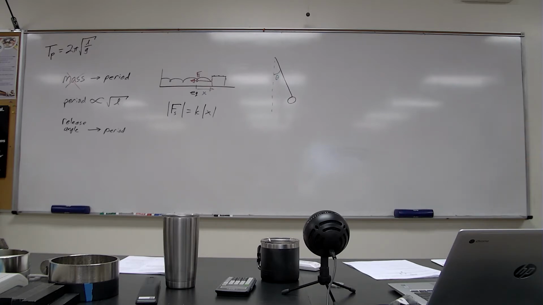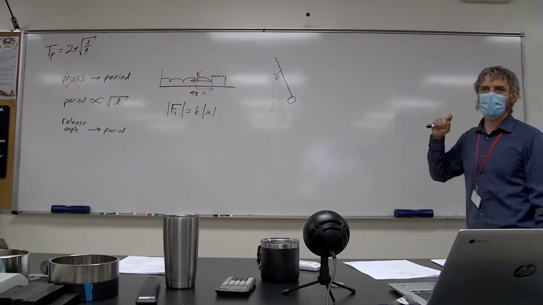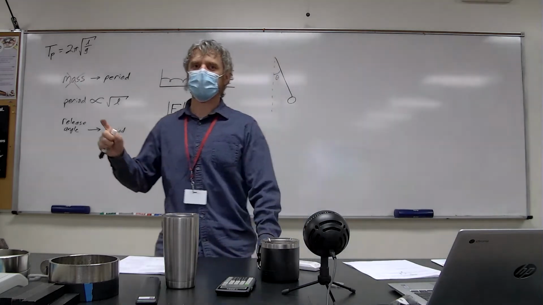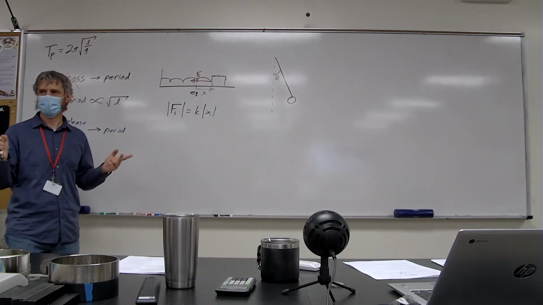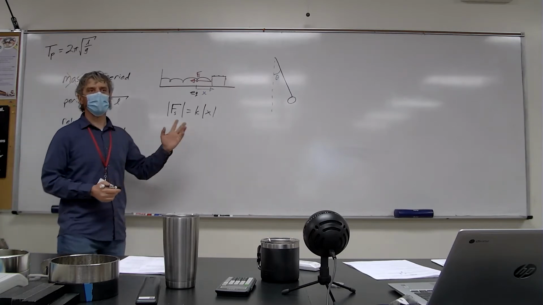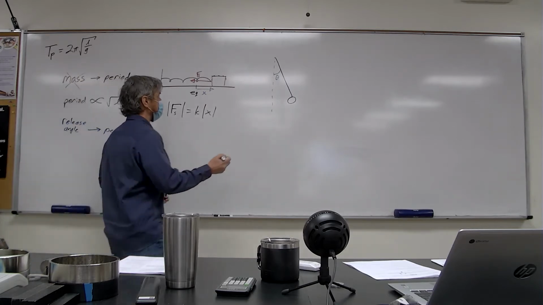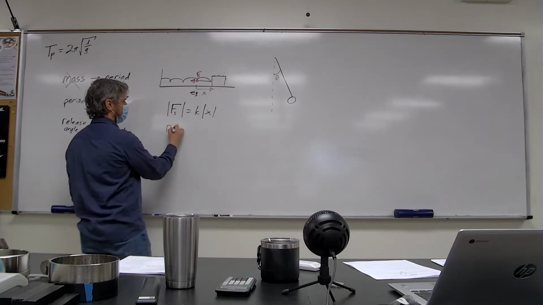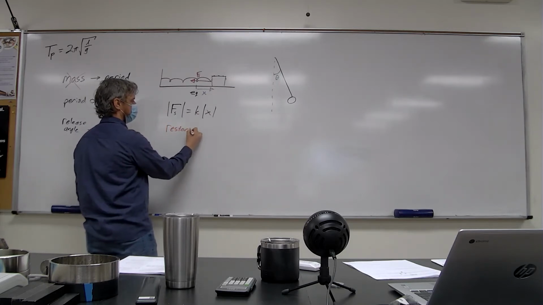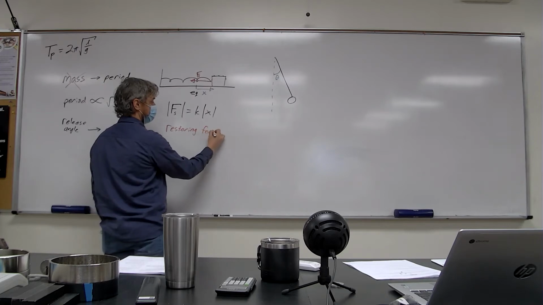There's equilibrium. I displace it from equilibrium, and then I get not a restoring force, I get a restoring force that causes rotation. Does anyone know what we call a force that causes rotation? Torque. It's a torque. So I get a restoring torque. Okay. So here, with the mass spring oscillator, I get a restoring force.